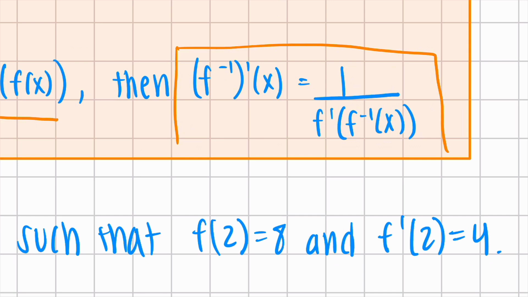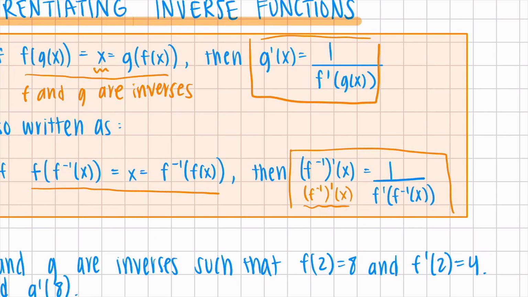Note that here, our notation, they put f inverse, f, and then that -1 in parentheses, and then the prime, so this is the derivative of the inverse, equals 1 over f prime of the inverse of x. So you could write the formula either way. They mean the same thing.